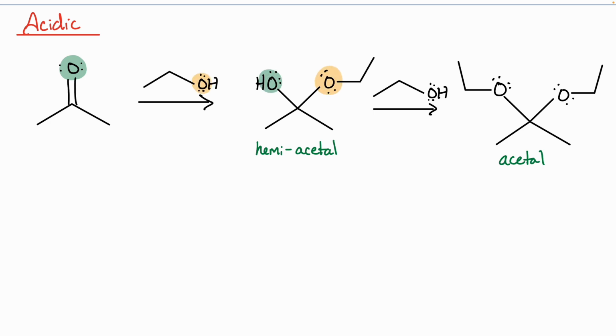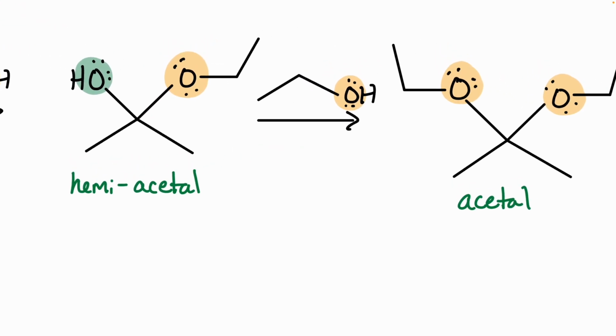The other oxygen came from my alcohol. So when I added my second addition of my alcohol, I've gotten rid of what was formerly that carbonyl oxygen. So I'm going to need to break this bond right here, and I'm going to need to form this new carbon-oxygen bond.